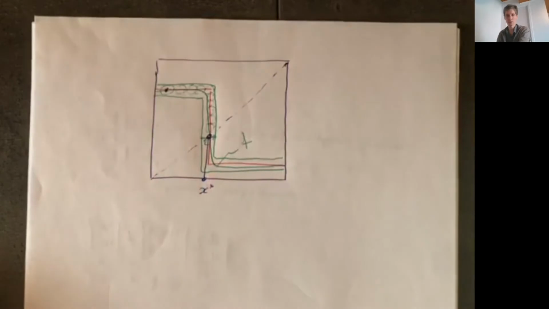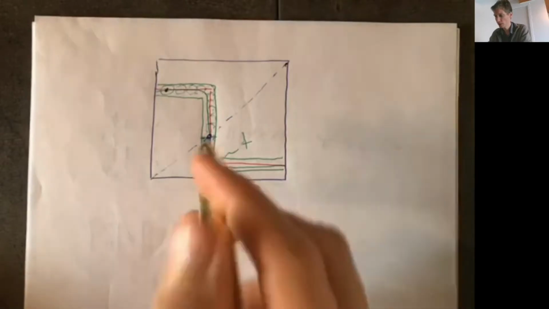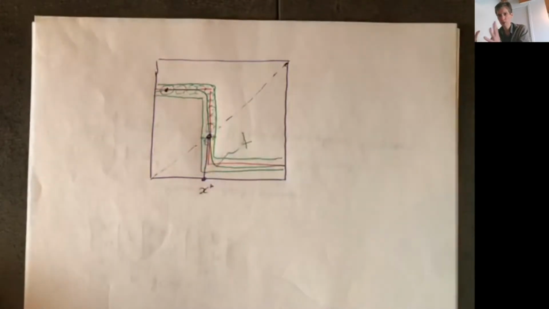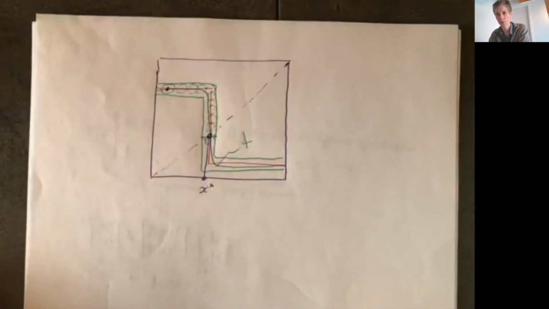Let me call this x star. Now this is for some value of epsilon, for some inflation. So the idea is to find a fixed point, and then take a sequence of epsilons that decreases towards 0. If epsilon is actually 0, I cannot draw this continuous function, but for any value of epsilon, I will be able to draw this kind of continuous function.